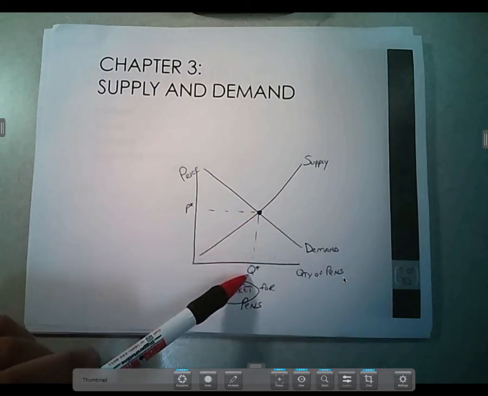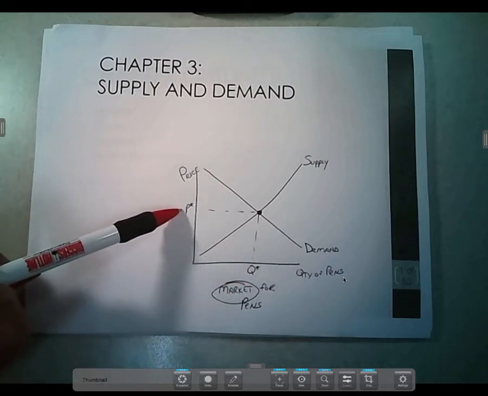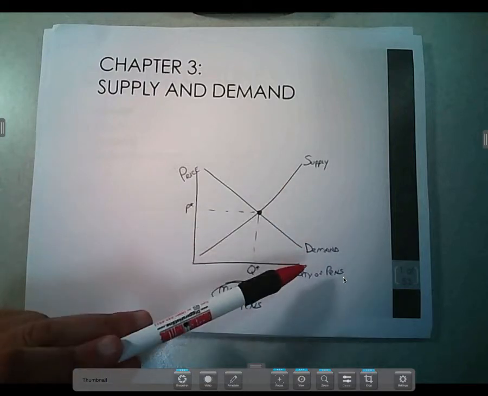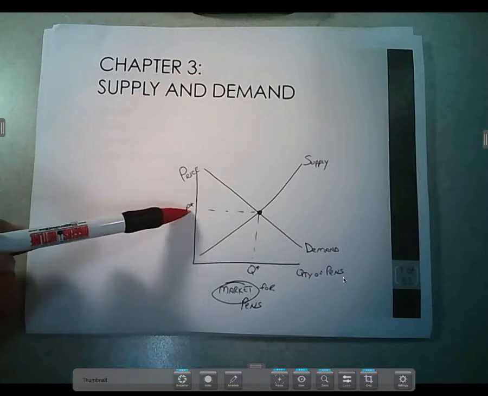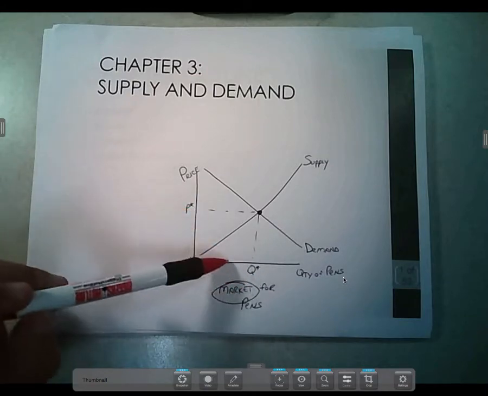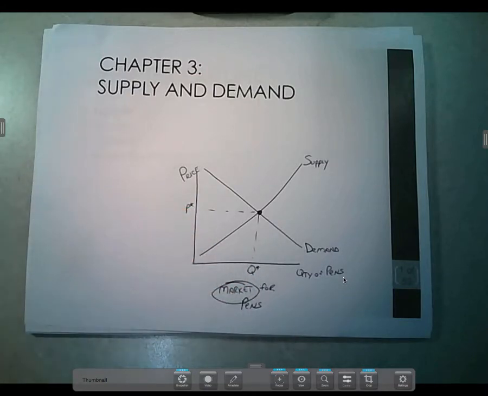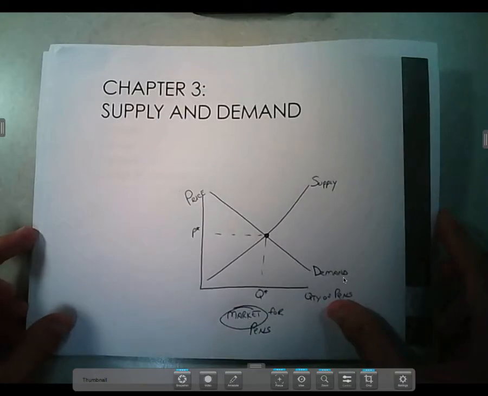And that ends up dictating how much is produced and consumed and what the price of those pens will be. That's the suppliers and the demanders, the producers and the consumers, agreeing to those points. Not that it's dictated or handed down to them. They are deciding these things. And that's what we're going to talk about in this chapter.